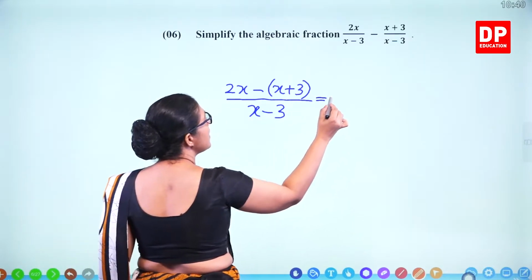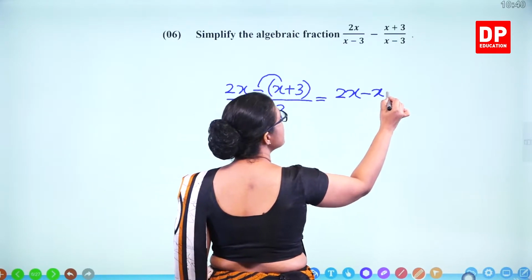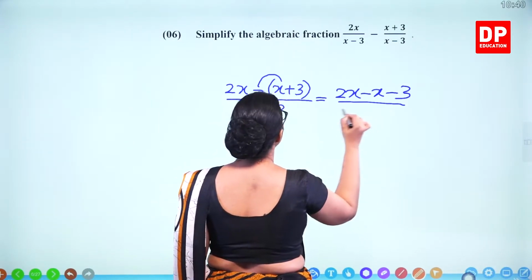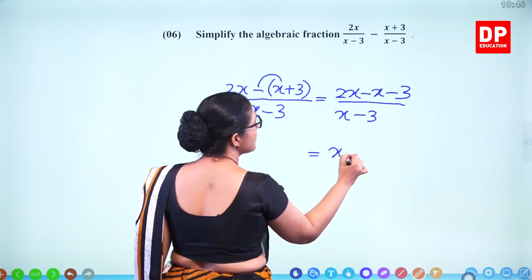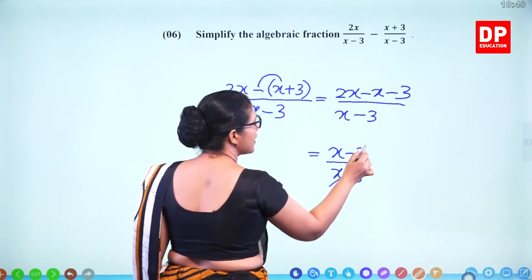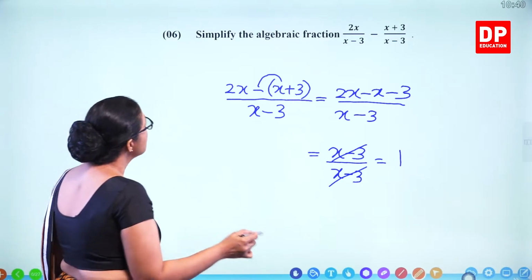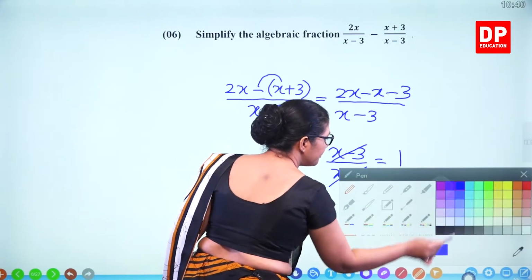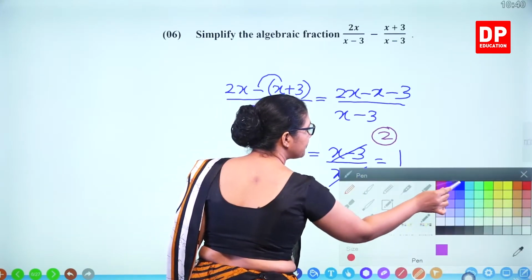Now expand the brackets. 2x minus x, minus into plus 3, minus 3. 2x and x, you get x minus 3 over x minus 3. It gets cancelled out and you get 1. So this is the answer when you simplify. That's 2 marks for that.